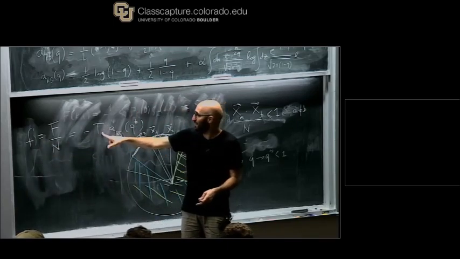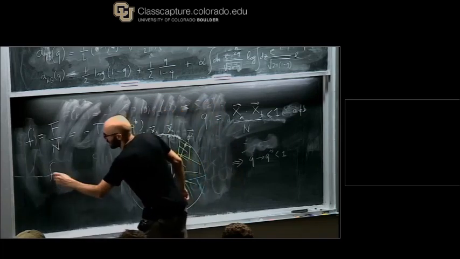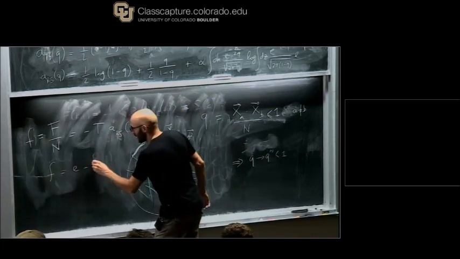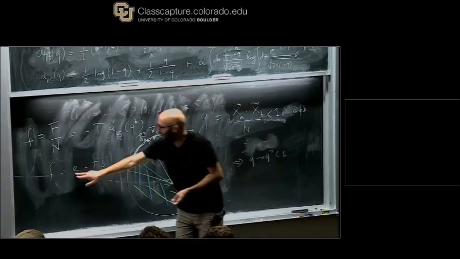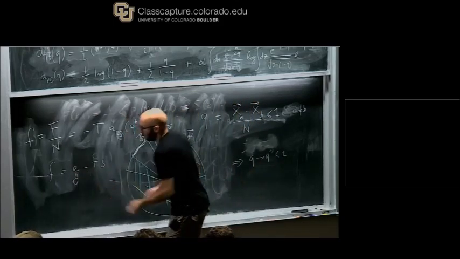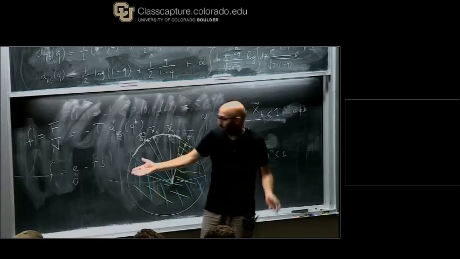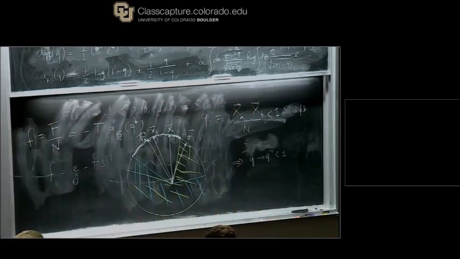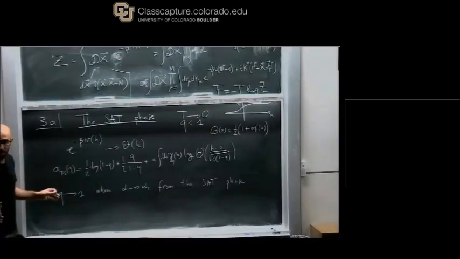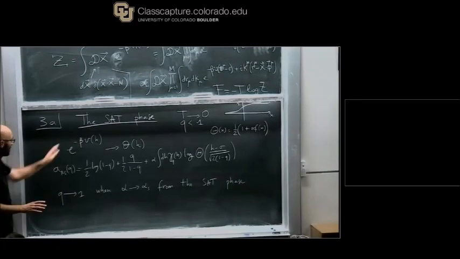What does it mean if the free energy is linear in T? Remember that in general the free energy is E minus TS. So if the free energy is linear in T, this means that the energy is 0 and the entropy is constant. The minimum over Q of this function is going to be the entropy of your system, and the energy is 0, which is correct because you are in the SAT phase.